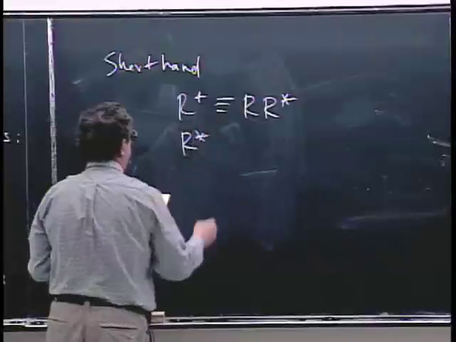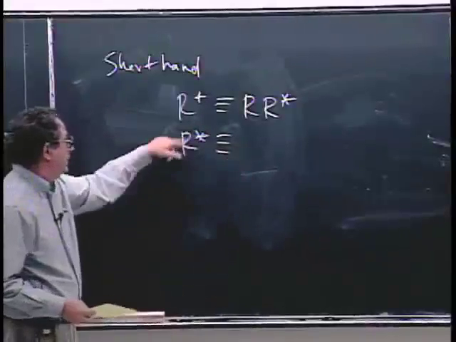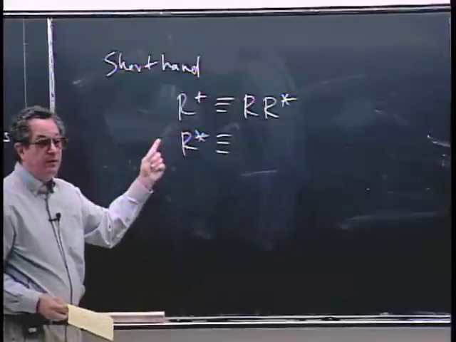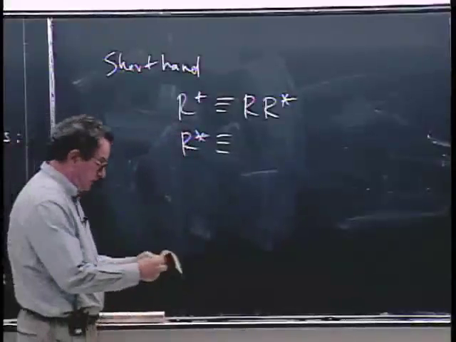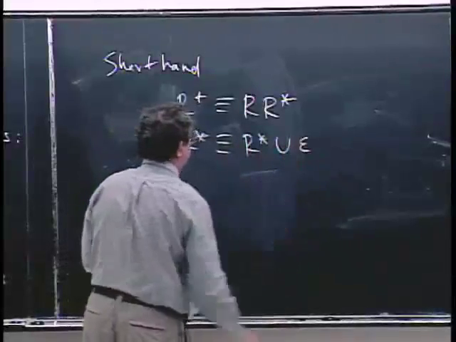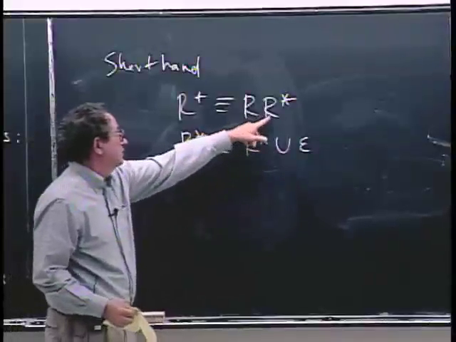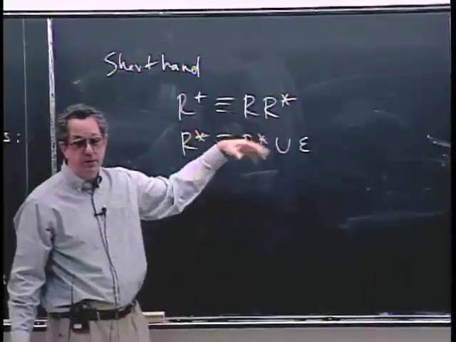Well, with that notation, how can we write our star? This is any number of them, including the possibility of 0 of them, and so this is R plus union the empty string. Okay, and this is a regular expression. So let me point out again, this is a regular expression too, or a description of a regular expression abstractly.